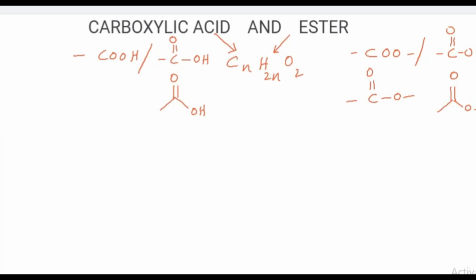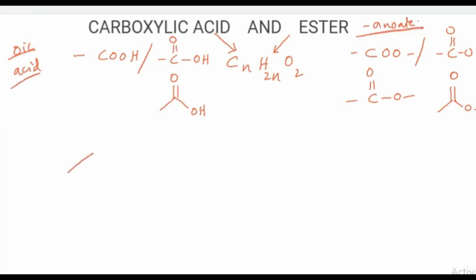The ending code or suffix for the carboxylic acid is oic acid, or if you have a single bond, anoic acid, and ester is anoate. So these are the suffixes for these types of organic compounds.